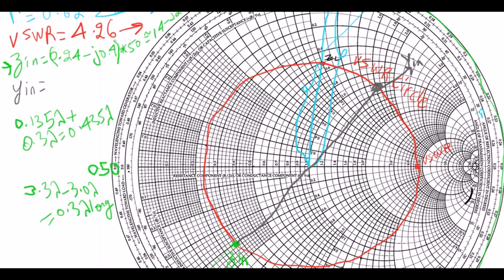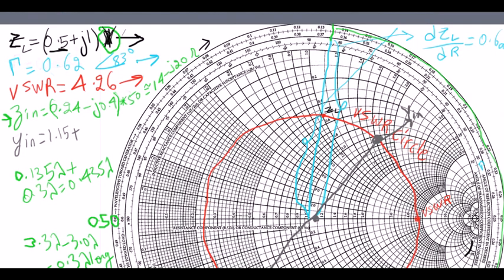Again, similarly, to get the value, you have to find the resistance component, which is approximately 1.15, and your reactance component, which is approximately 1.7.